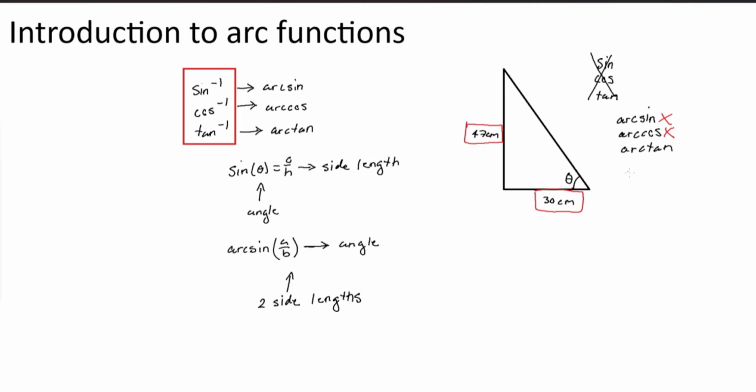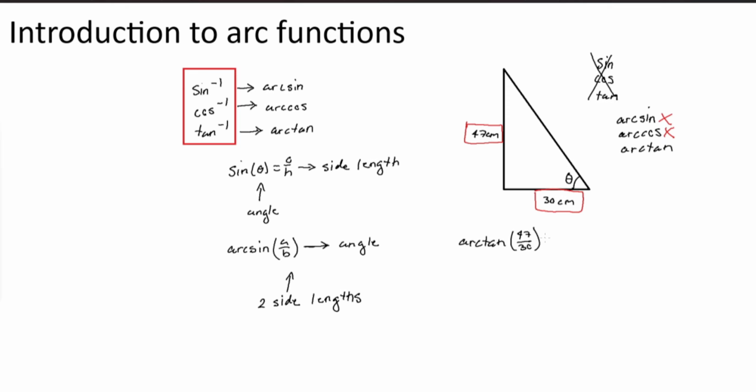And we're going to look at that. So now let's use arc tangent to find this missing angle. We can say arc tangent, and now we're going to put it in the same order. Tangent is opposite over adjacent. So we put it as 47 over 30, because 47 is the opposite and 30 is the adjacent.